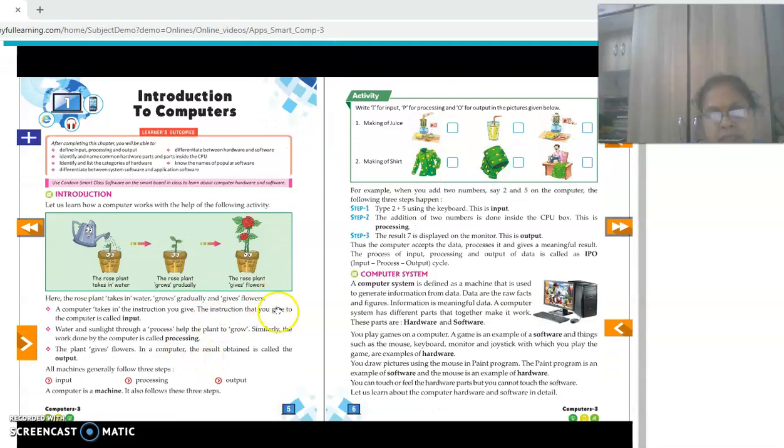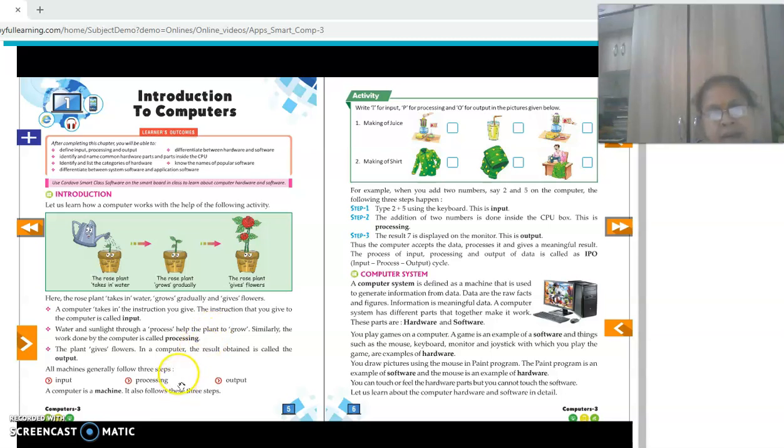You give the instruction to the computer. For example, if you are playing games, you click on a button. It means you are giving input. And by taking input from you, it processes your instructions.